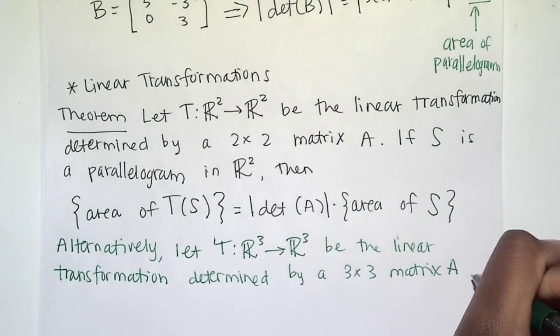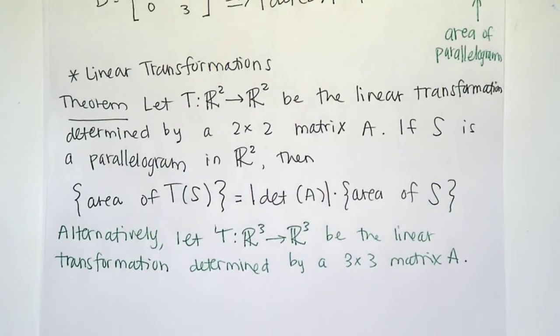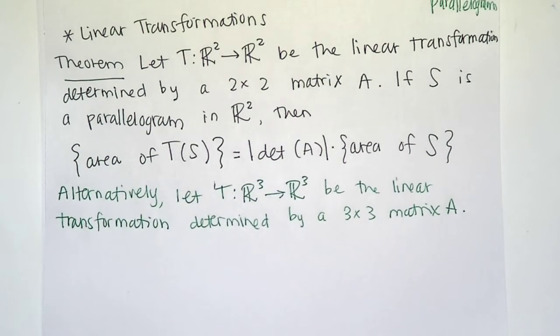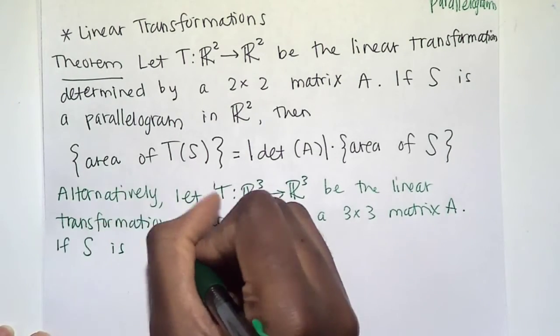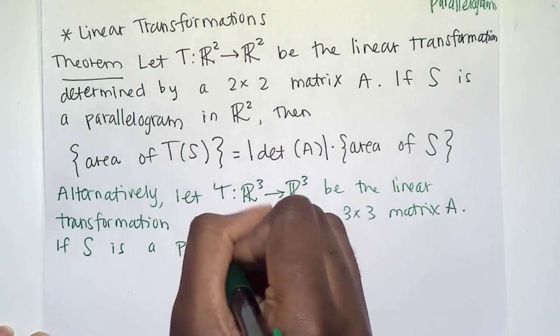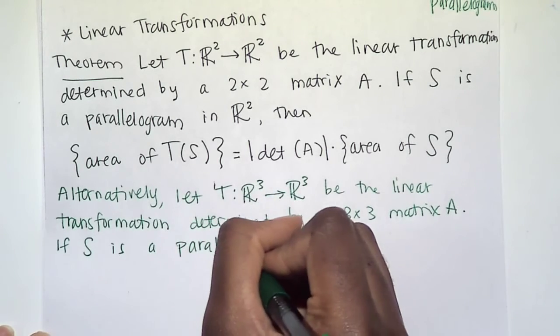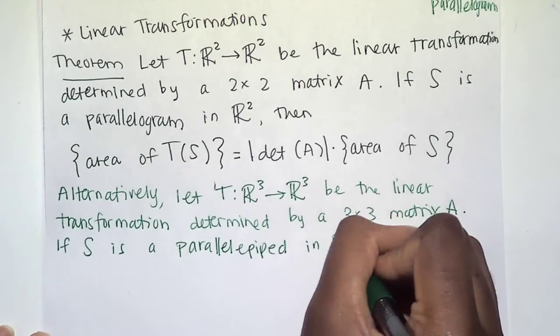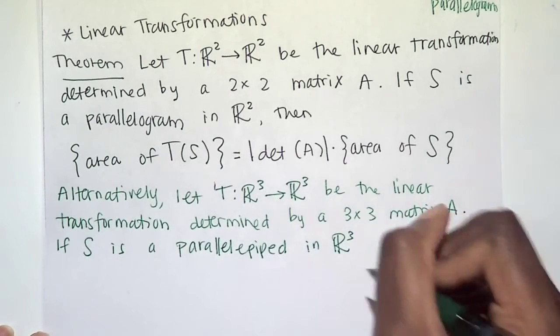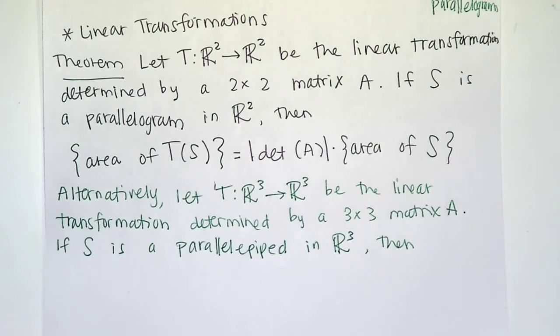Call it A. If capital S is a parallelepiped in R3, then we can actually figure out the volume of our transformed parallelepiped.